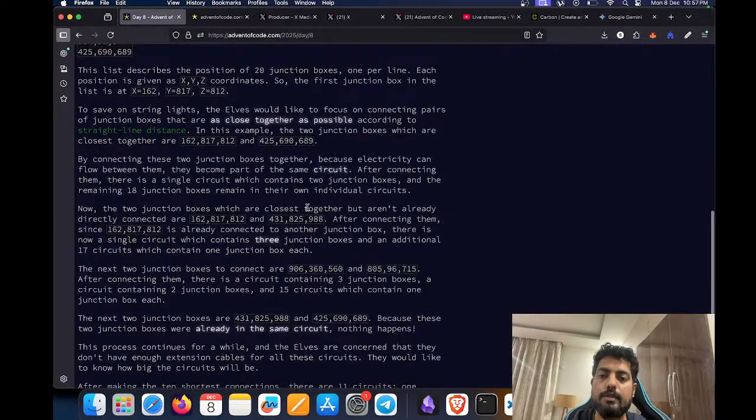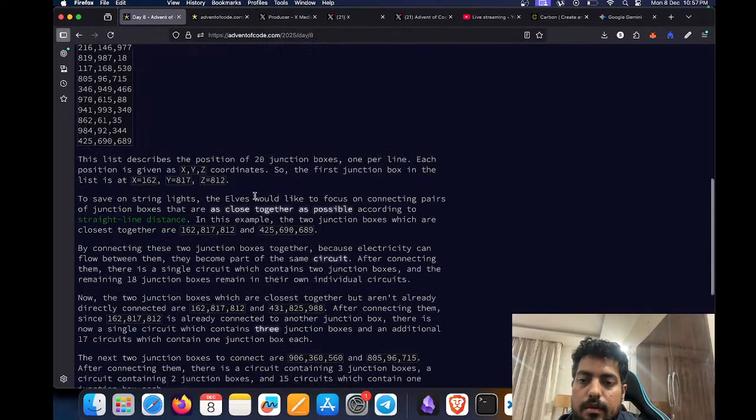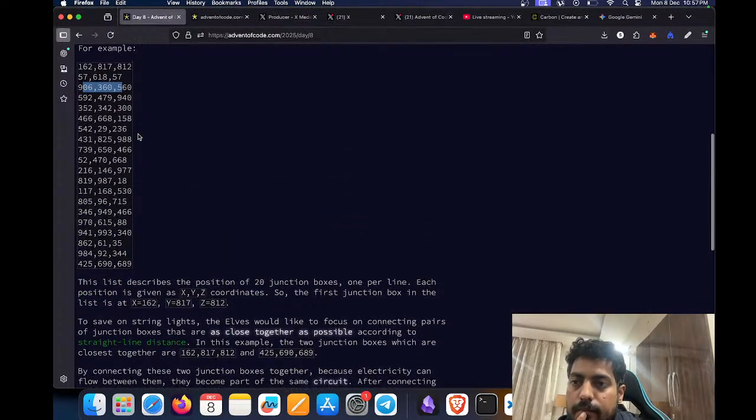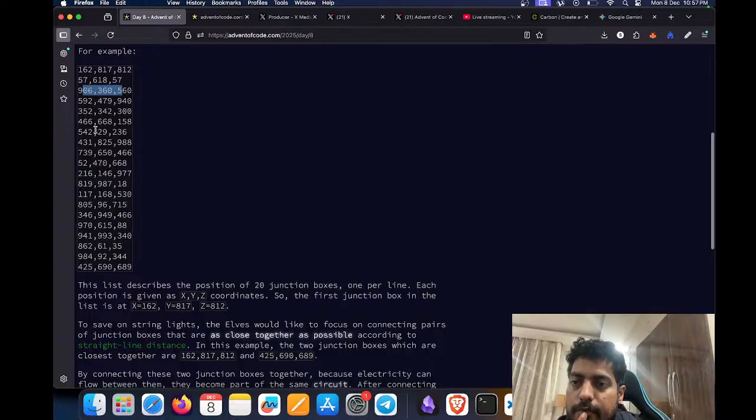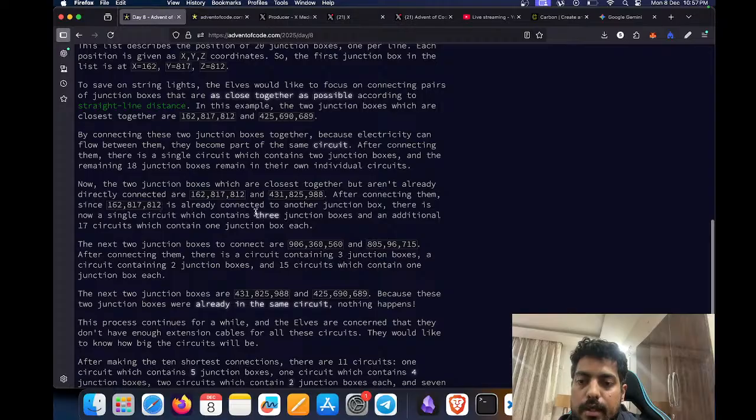The second one should be 0 and 7, but they aren't already directly connected. Are 162 and 431, 0 and 7, 0, 1, 2, 3, 4, 5, 6, 7. Okay, and we are connecting them. After connecting them, since this is already connected to another junction box, there is now a single circuit which contains 3 boxes and an additional 17 circuits.